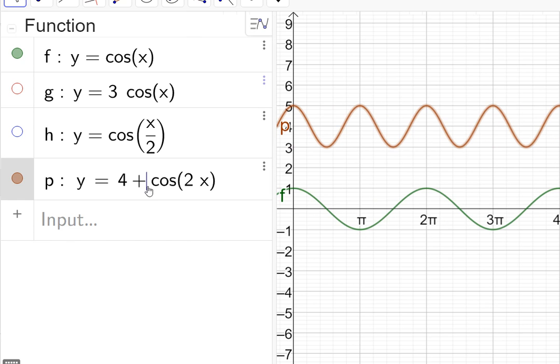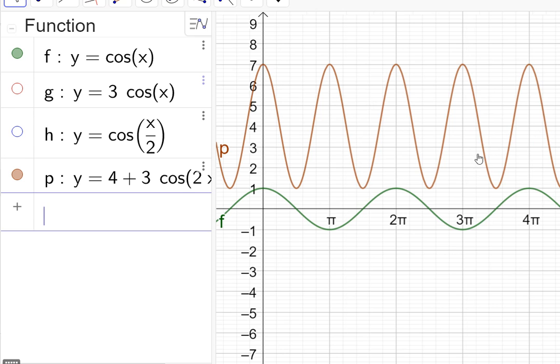And then finally, if we multiply the cosine by a number, say we multiply it by 3, what effect is that going to have? It's going to make our amplitude 3 times bigger. So let's see its effect. Our middle line is at 4 because that's what we have shifted everything up by, and then our amplitude is now 3.